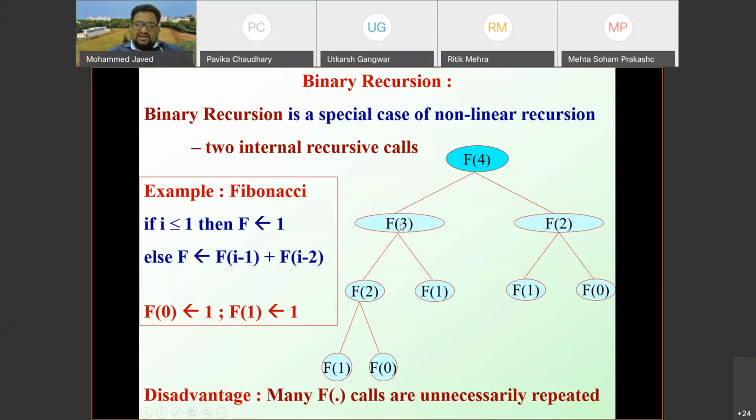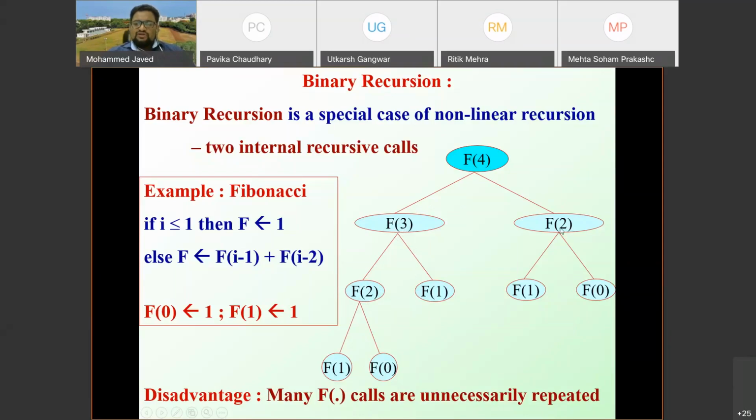F of 3 is again split into f of 2 and f of 1. Again, f of 2 is split into f of 1 and f of 0. F of 0 and f of 1 are already known to us, so we get the answer of f of 2, and similarly we get the f of 3 answer, and then the answer goes to f of 4.